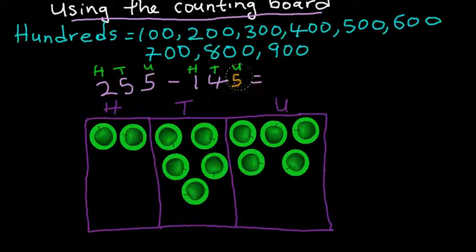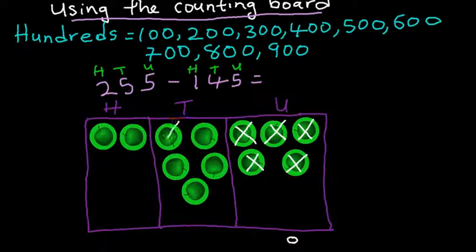Then we want to subtract 5 apples from the units column: 1, 2, 3, 4, and 5. We have nothing left in the units column, so you write down 0.